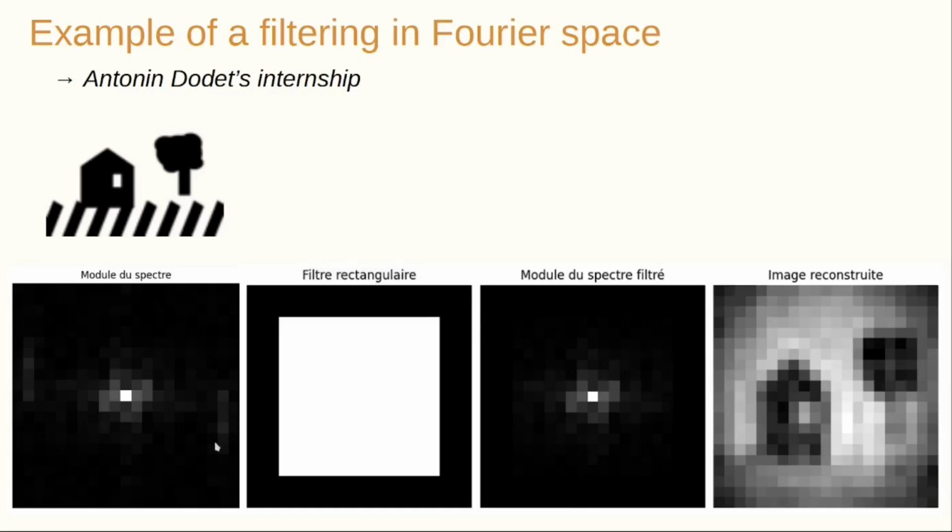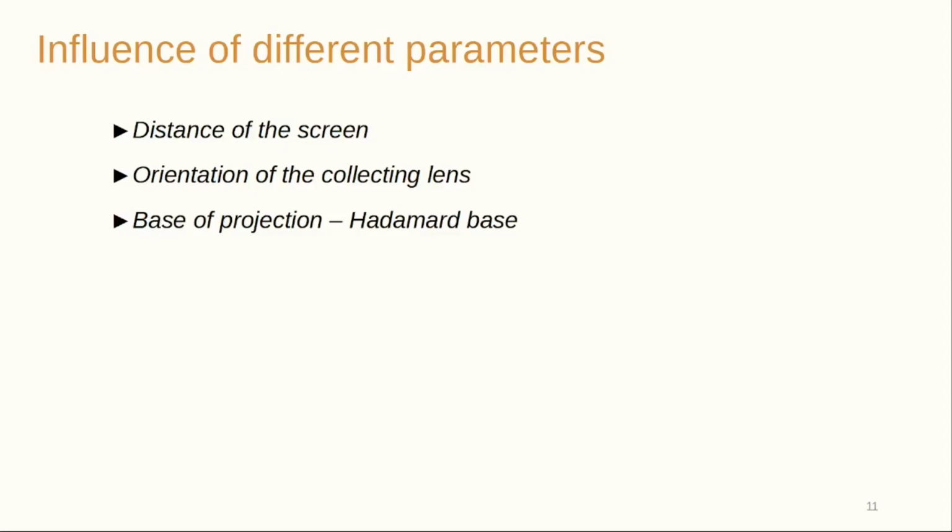So he made this frequency disappear here. And if you compute the inverse Fourier transform of this spectrum, you get this drawing, which is almost the drawing from the beginning, but without the stripes that correspond to these high frequencies here.